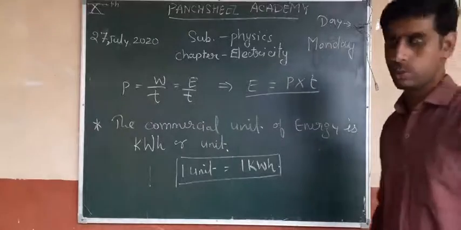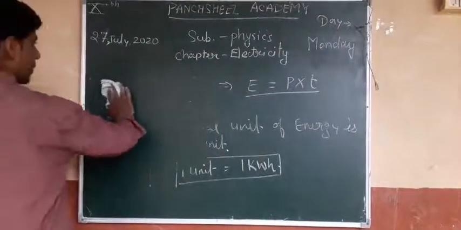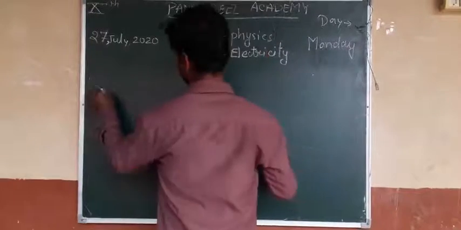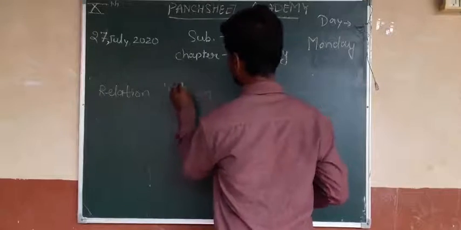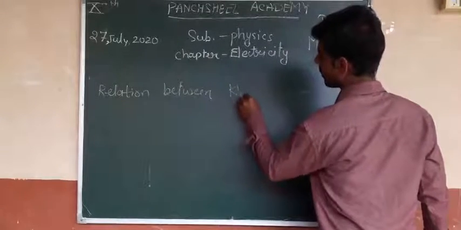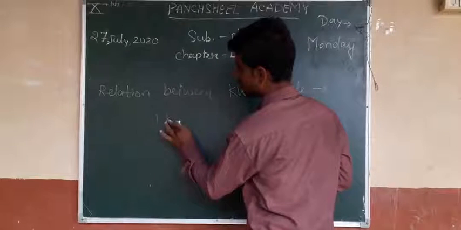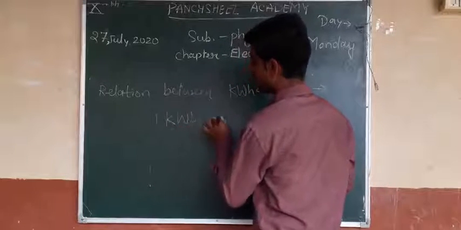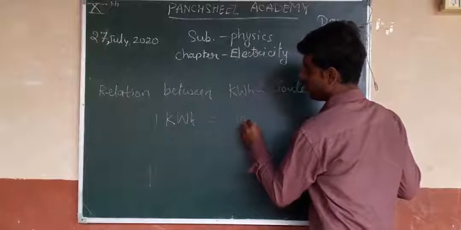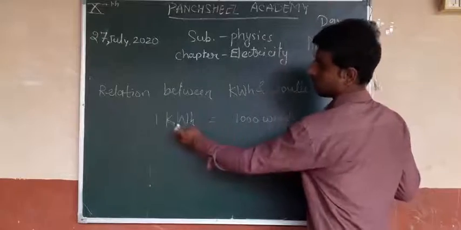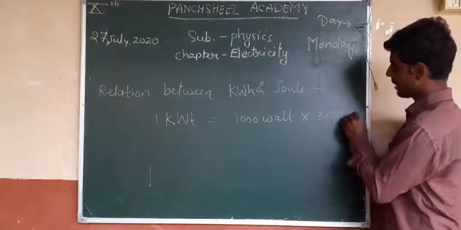So we derive a relation between kilowatt hour and joule. 1 kilowatt hour equal to 1 kilowatt, which means 1000 watt, and 1 hour is 3600 second.